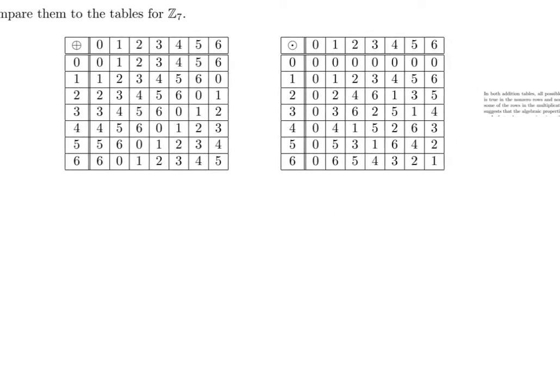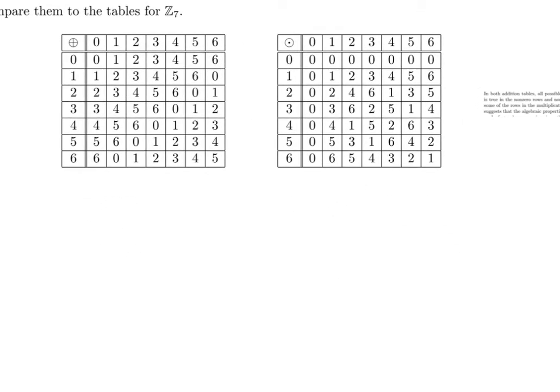We're going to talk about this more in a moment, but I want to emphasize a couple of things. Like this 2 times 4 is 1. If 2 times 4, I'll use this circle times, is 1, that's kind of like saying 2 to the negative first power is 4.